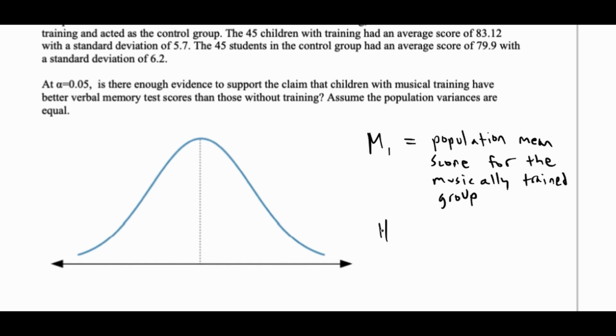And I'll let mu2 equal the population mean score for the untrained group.